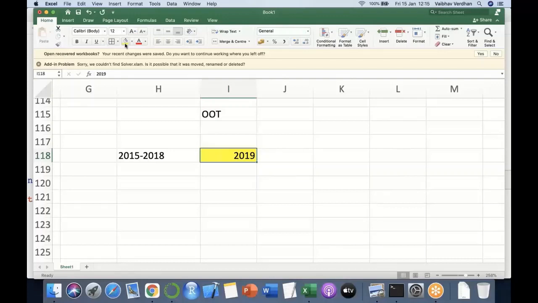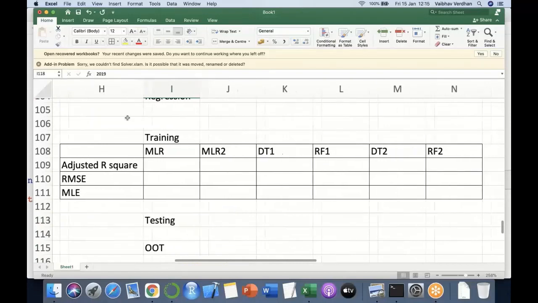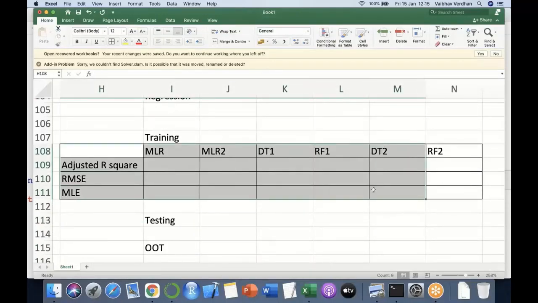Based on these three primary KPIs, you can pick and choose which model you would want to use in your final production environment. If they are similar, if they are mostly comparable, then go for the simpler model.